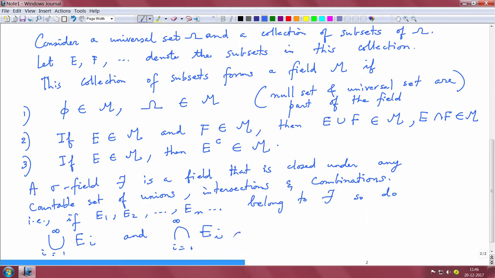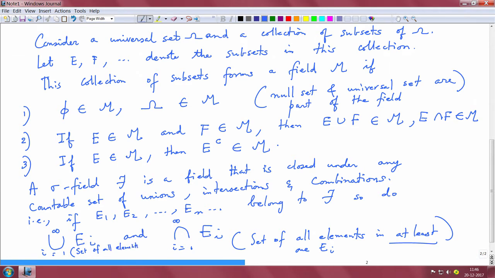So, this implies the union is the set of all elements in at least one Ei. This is the set of all elements in every Ei.